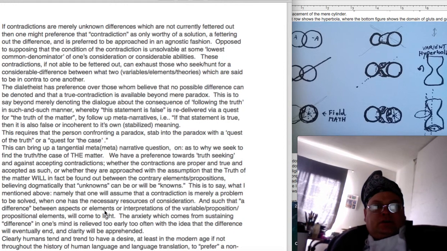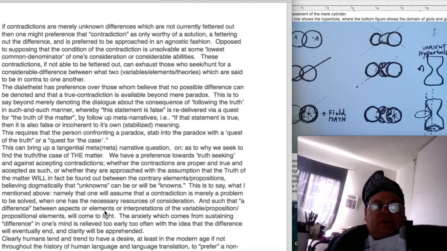These contradictions, if not able to be fettered out, can exhaust those who hunt for the considerable difference between two variables, elements, or theories which are said to be in contra to one another.